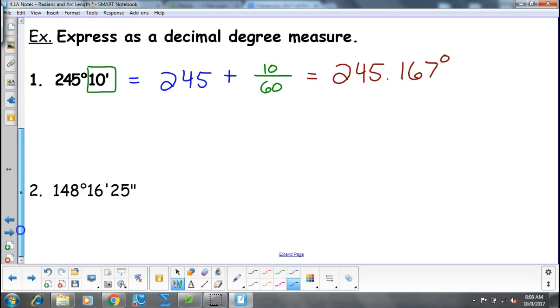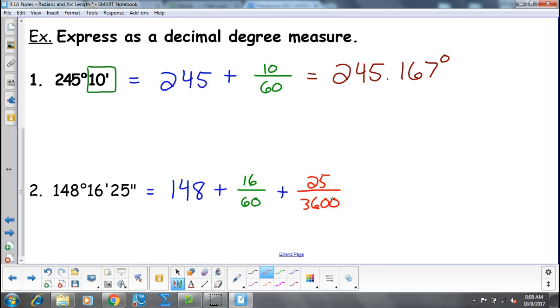Now, in one that has degrees, minutes, and seconds, so that's going to be 148 degrees, because that's whole degrees already, plus 16 minutes, well that's 16/60ths of a degree, plus 25 seconds, well 25 seconds is 25/3600ths of a degree.